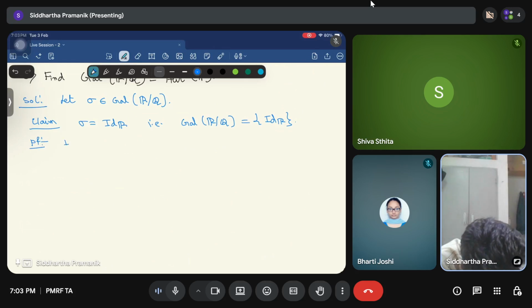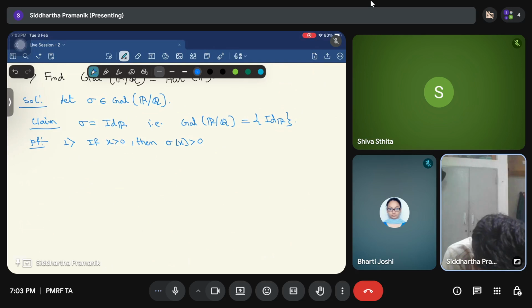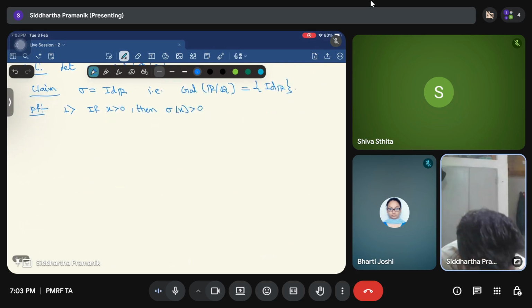So first I will prove that if x is positive, then sigma of x is also positive. If x is a positive real number, then its image is also a positive real number. So here I will use some results from analysis. Since x is positive, there exists a real number y such that y square is equal to x.